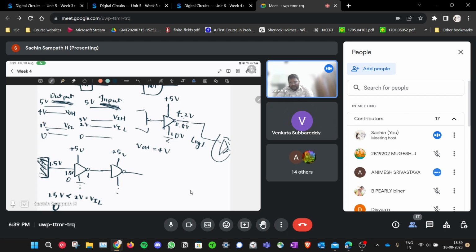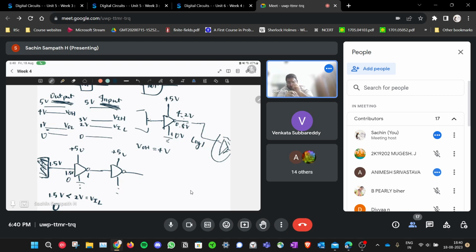First look at only the first inverter. Think about what the first inverter will do. See what the first inverter does. It sees 1.5 volts. Then it will see VIL and VIH. What is VIH? 3 volts. What is VIL? 2 volts. This 1.5 volts is less than VIL, that is less than 2 volts.